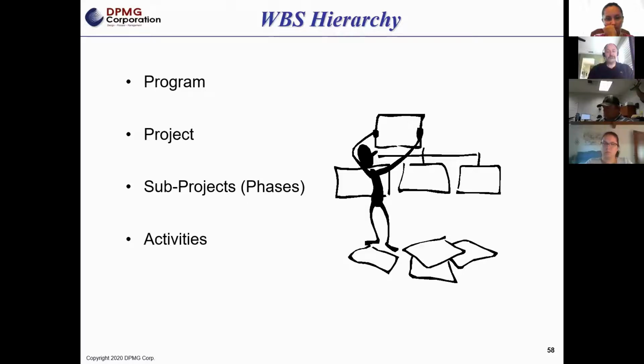And then below that, we can have activities, multiple activities. And those activities are made up by multiple tasks. Now, what I don't have on this slide, and I do show it in other places, is, and I think for the type of work that you guys do, for the most part, task is probably the lowest level you're going to get to. But in other organizations, they break the task down into what are called work packages.